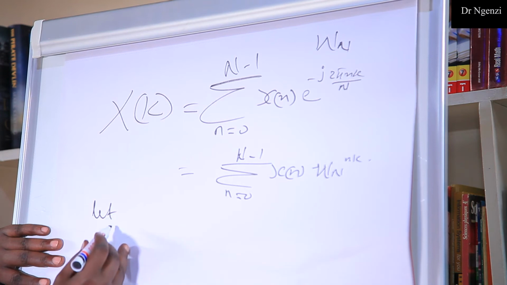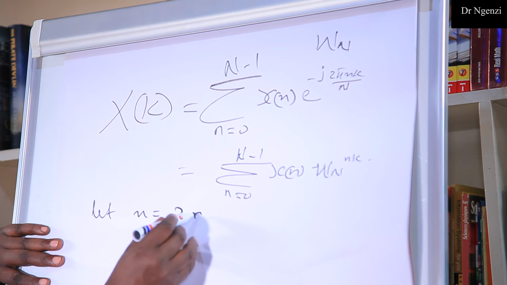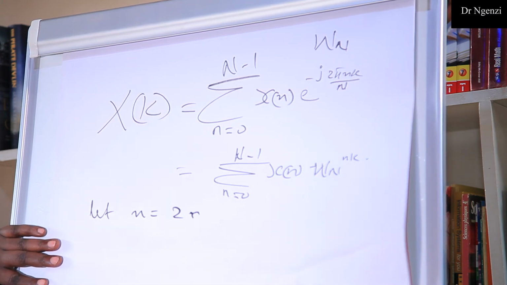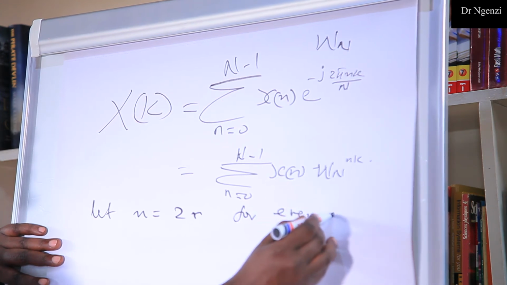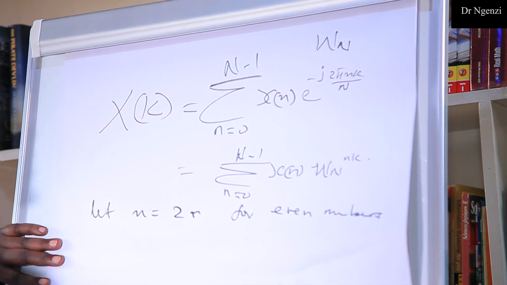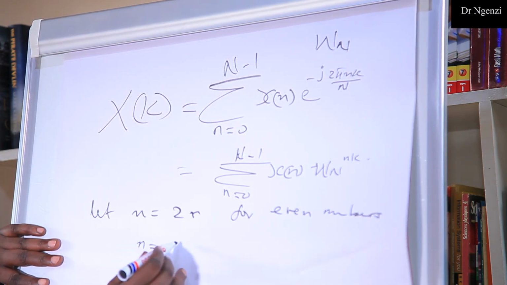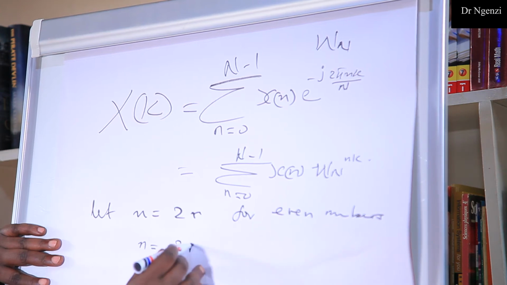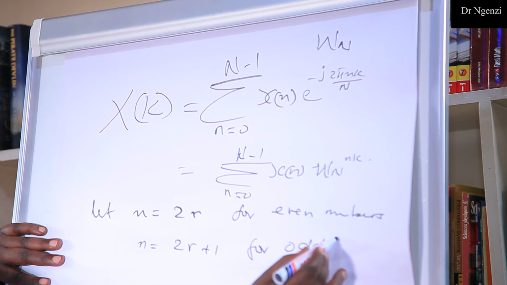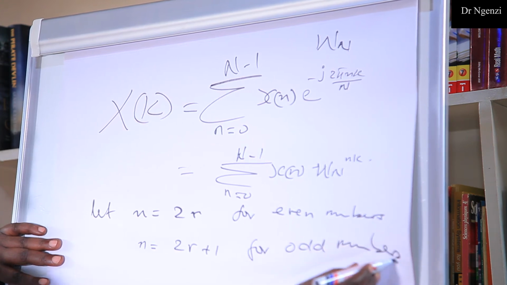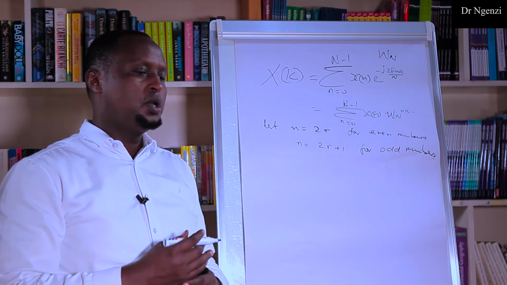For even samples we have n equal to 2r, as I mentioned from the beginning, and n equal to 2r plus 1 for odd samples. If we substitute it there, it is obvious.